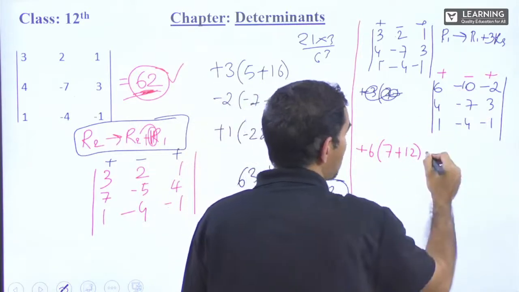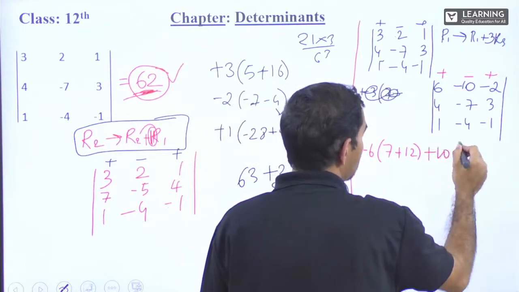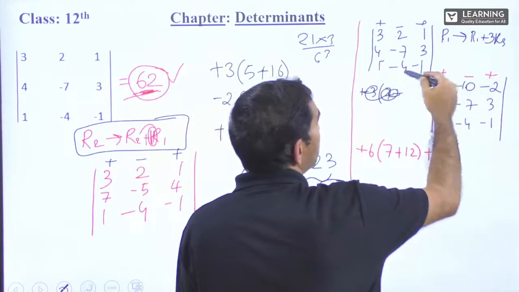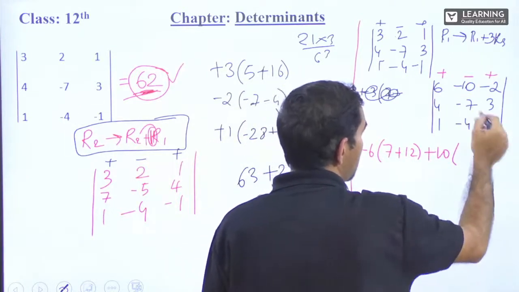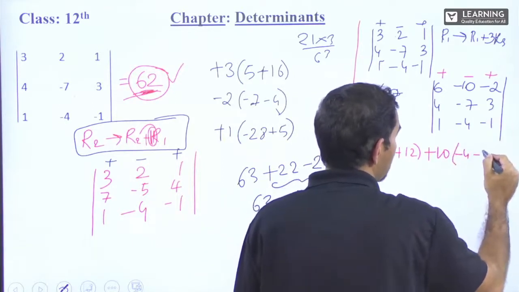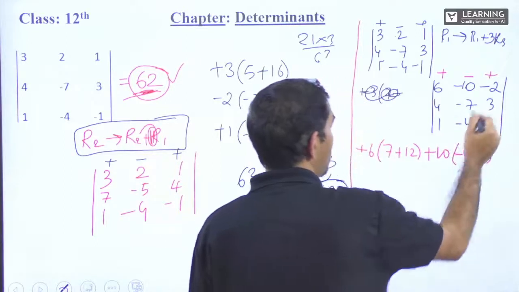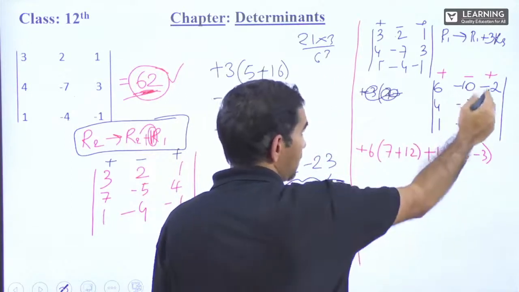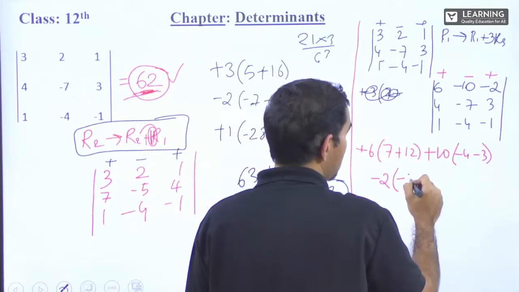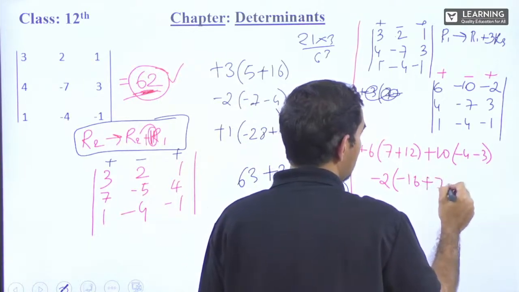Minus into minus again, so that will become plus 10. Plus 10 into minus 4 and minus 3. Next, plus into minus will become minus, so we'll write 2 there. So this is becoming minus 16 plus 7.